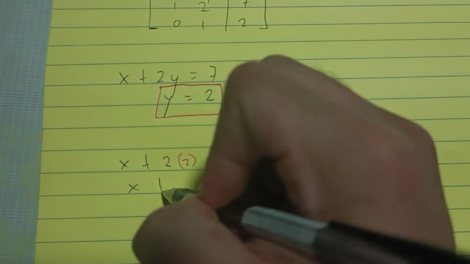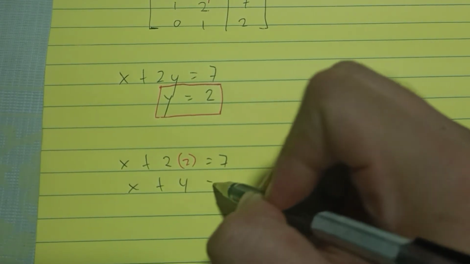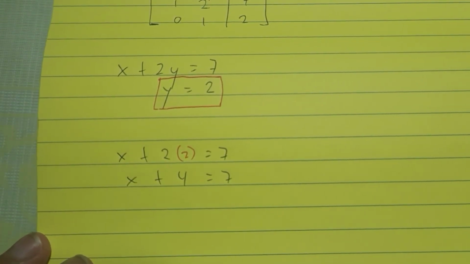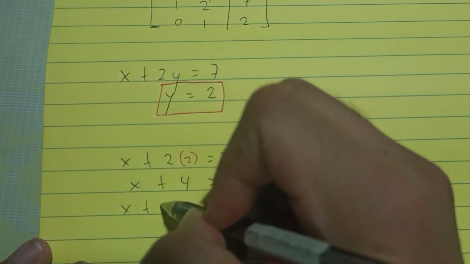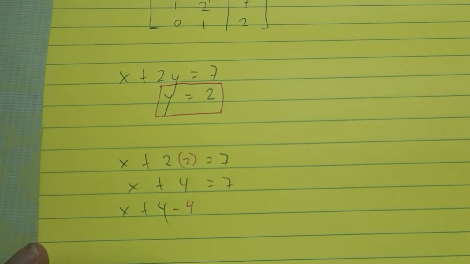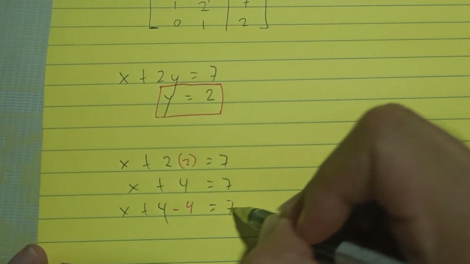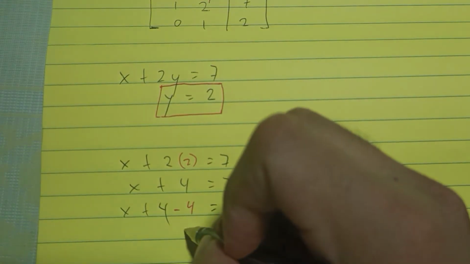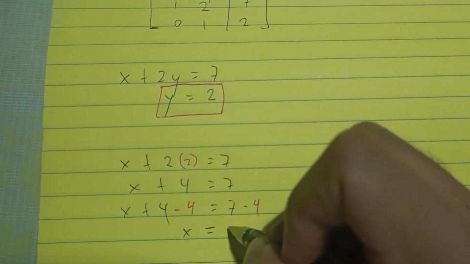So x plus 4 is equal to 7. So using the additive inverse, x plus 4 minus 4 is equal to 7 minus 4. So x is equal to 3.